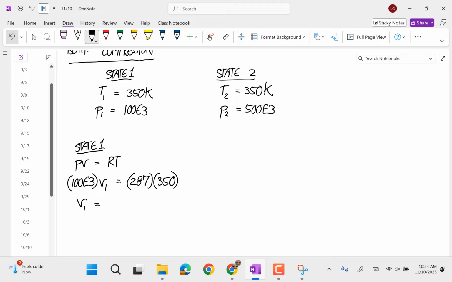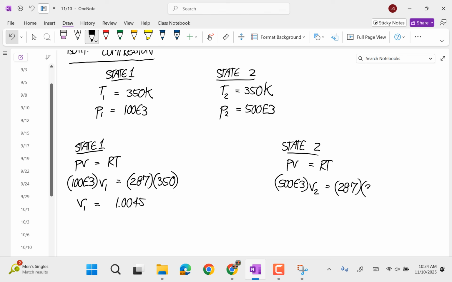I got like 1.0045. Okay. And then same thing at state 2. We have 500 times 10 to the third times V2 is equal to 287 times 350. So what's V2?